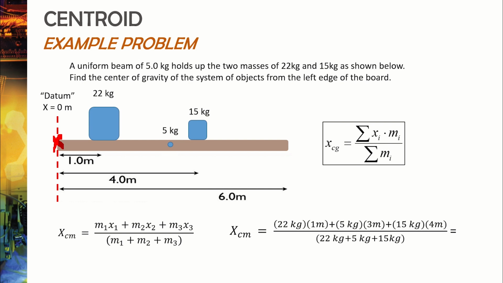Maybe you're confused for a minute about why this is 3 for the beam. But remember that our beam is 6 meters long, and we know that the center of mass of any rectangular object is always going to be in the middle of that object, which would be at x equals 3. When you do all of this math out and compute the center of mass of the system, you will find that it's 2.3 meters from the left edge.